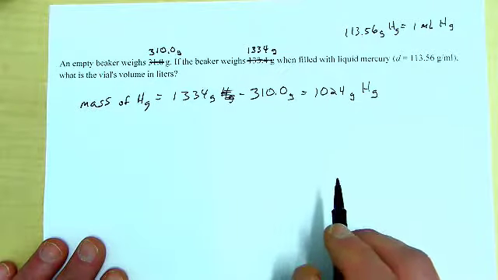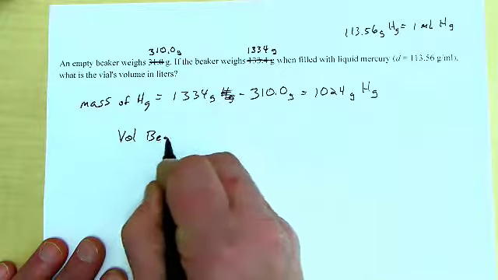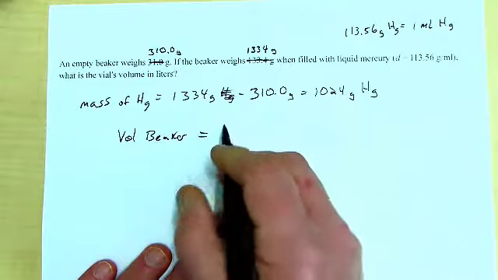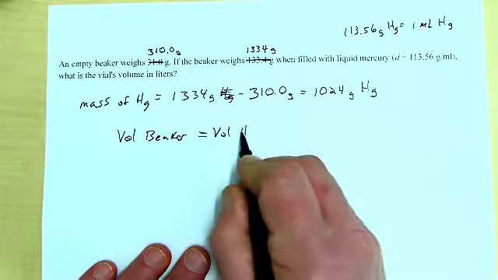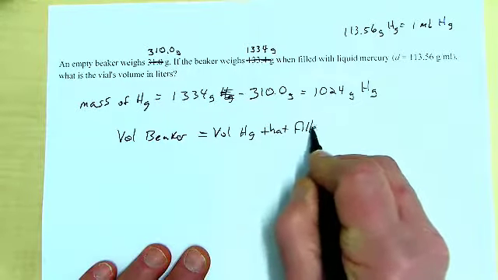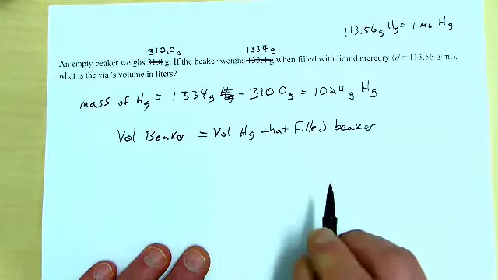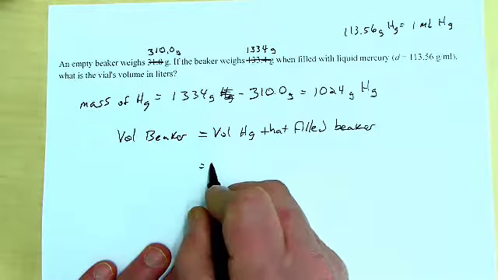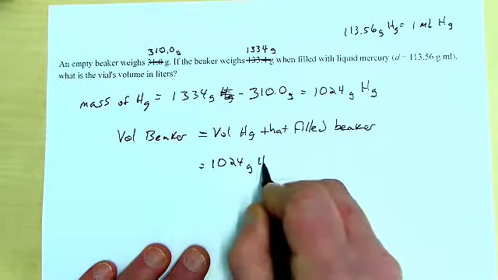Okay, so now we want to find the volume of the beaker. The volume of the beaker is just going to be the volume of the mercury that filled the beaker. So we know the mass of mercury that filled the beaker, 1,024 grams.